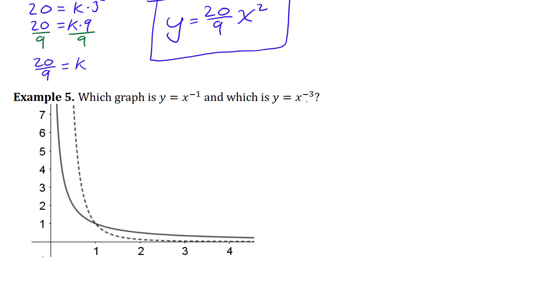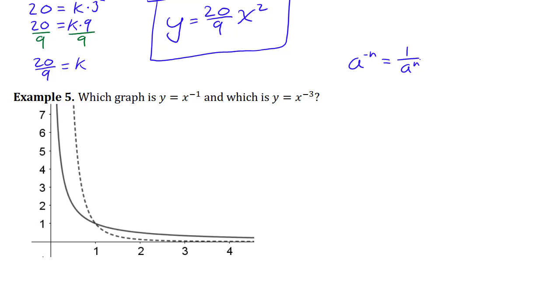So, just by looking at these graphs, first of all, let's remember what x to the negative 1 means. In general, a to the negative n, just remember from G.1, is 1 over a to the n. If you don't know what I'm talking about, you probably need to go back and do the G.1 notes.